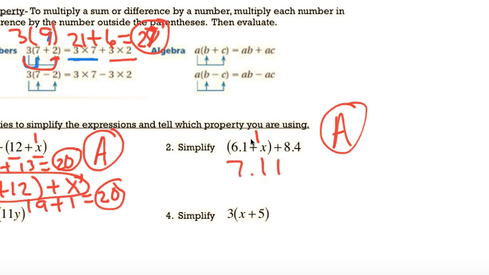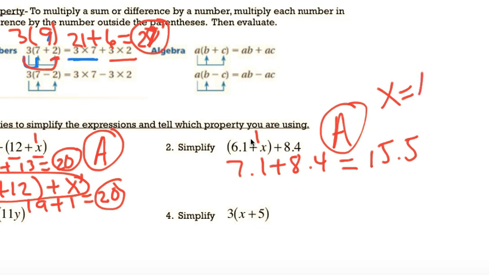If I add that to 8.4, that would give me a total of 15.5. Let's associate two different numbers together and see if we get the same thing.